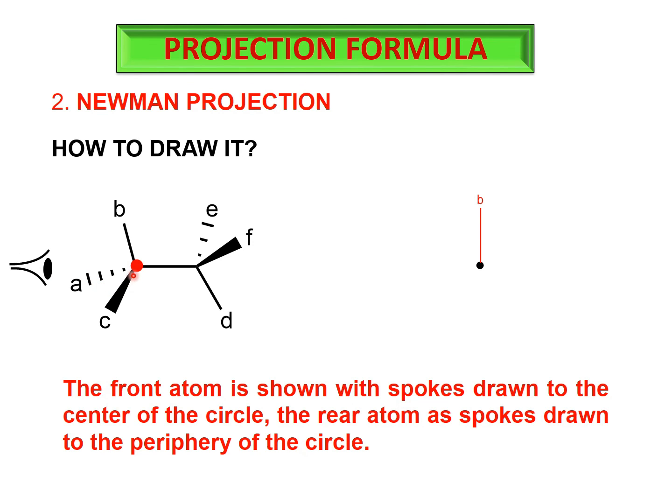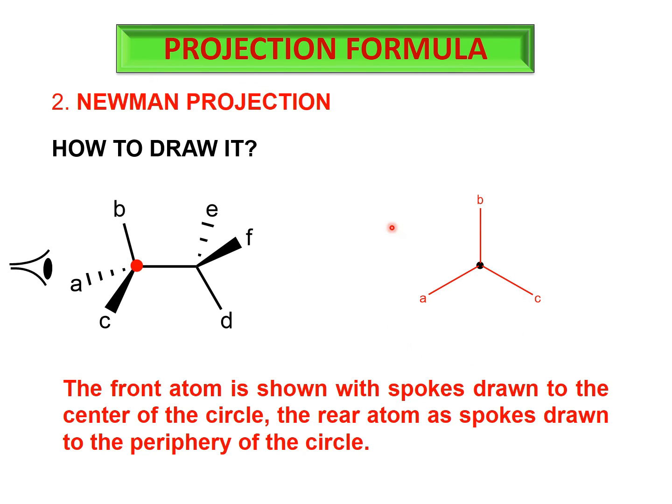So you draw C to the right of this dot, projecting downwards. And then you have A, which is behind the screen and projecting downwards. So it will appear to your left, projecting downwards. So now you have the front carbon atom with all the three groups attached in this fashion.